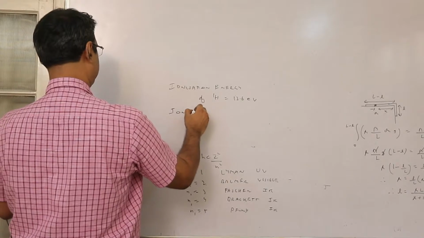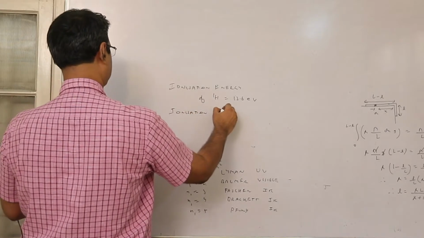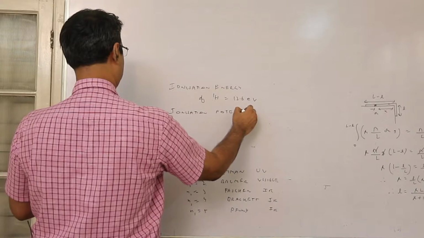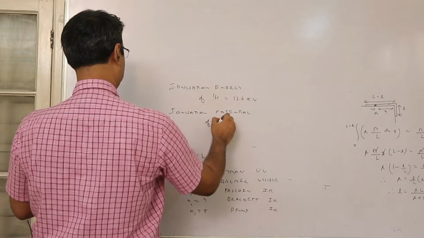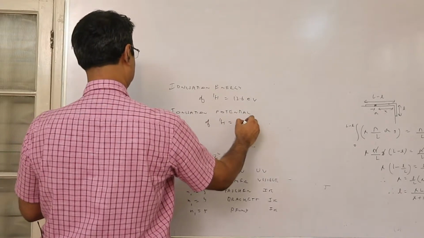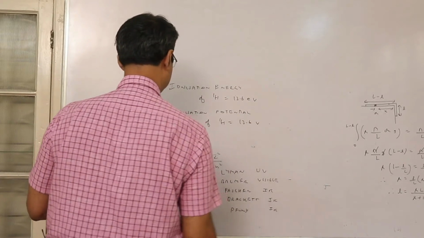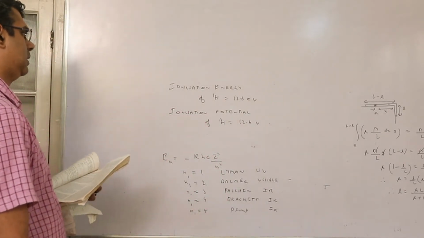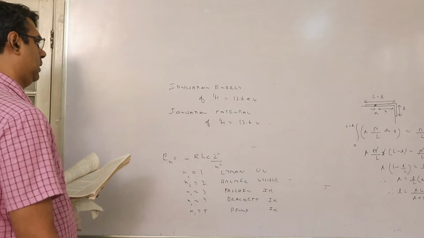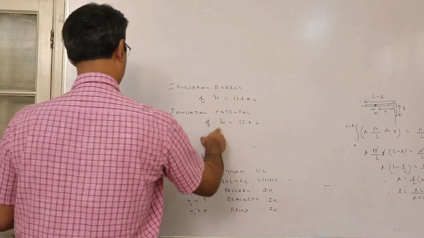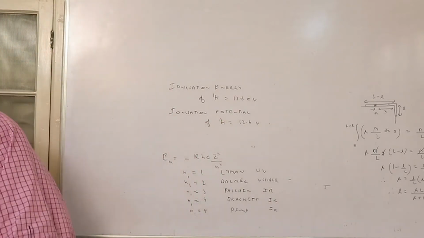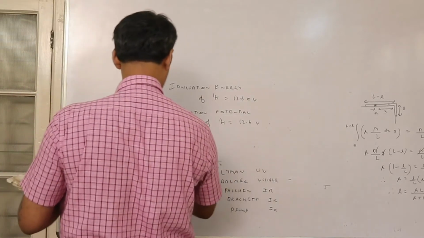We can rephrase this in another way. The ionization potential of hydrogen in ground state is 13.6 volt. So either you can say ionization energy is 13.6 electron volt, or you can say ionization potential is 13.6 volt.